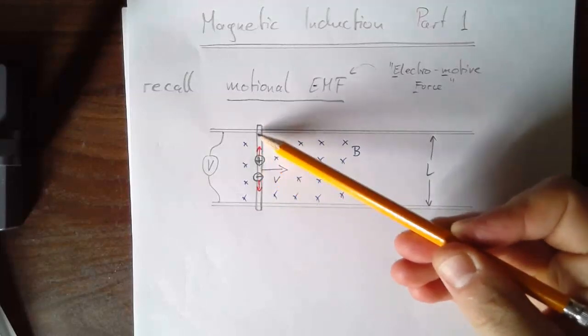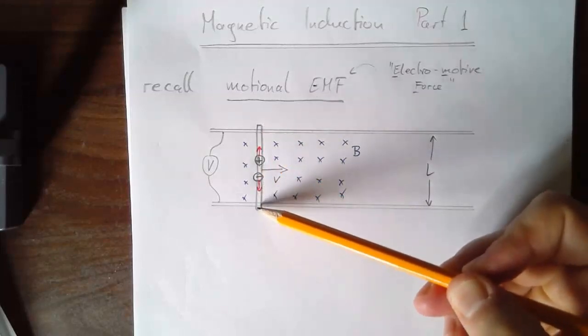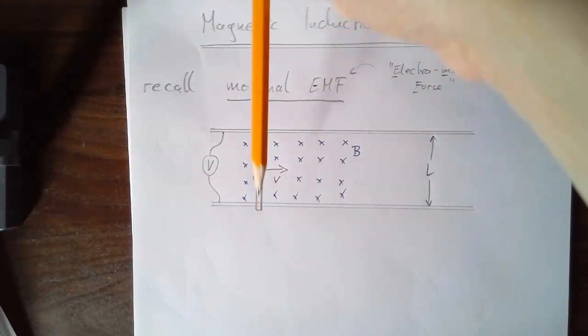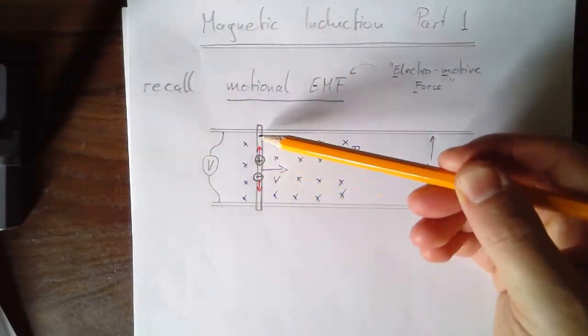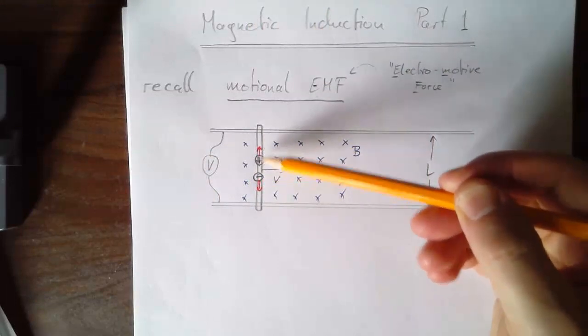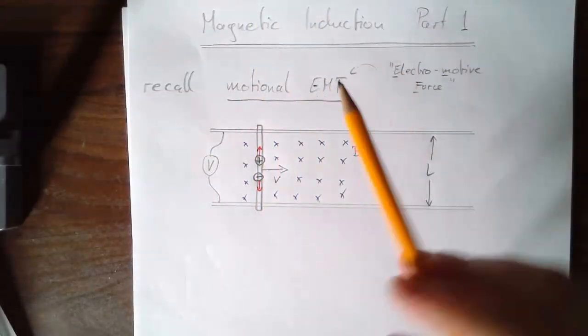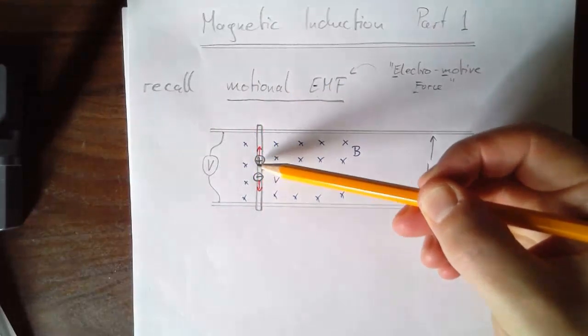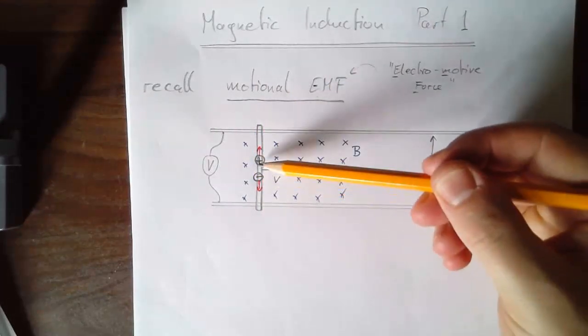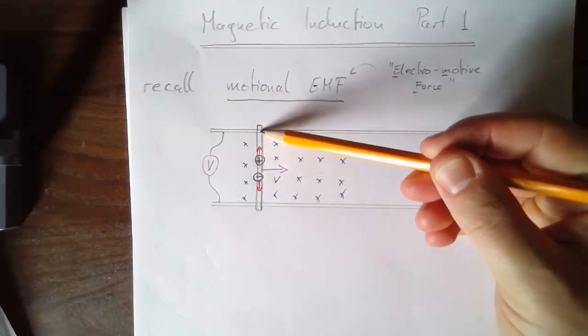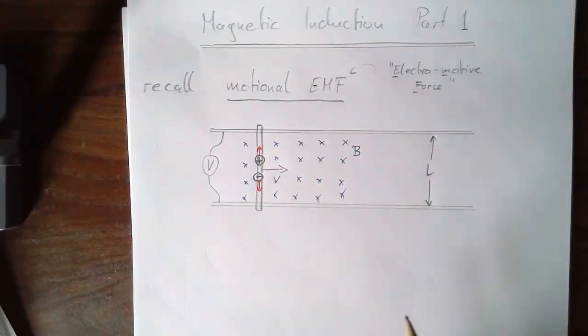So once we've got pluses up here, minuses down here, there's an electric field downwards inside this bar. So no further plus charges are going to move up, because yes, they get pushed up by the magnetic force due to the motion this way, but they're going to get cancelled out by an electric field pointing down. And if the electric field isn't strong enough, then more charges are going to migrate. That'll make the electric field stronger.